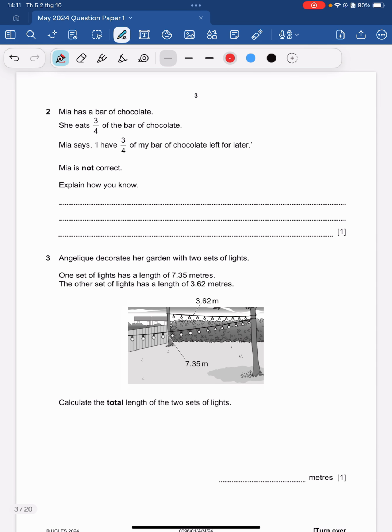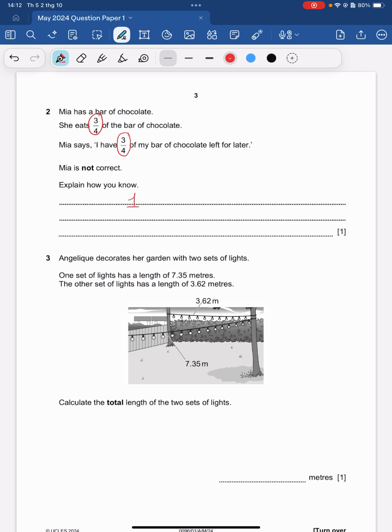Next, exercise 2. Mia has a part of chocolate. She says, I have 3/4 of my part of chocolate left for later. And Mia is not correct. Explain how you know. Okay, so first we have one whole part, right?